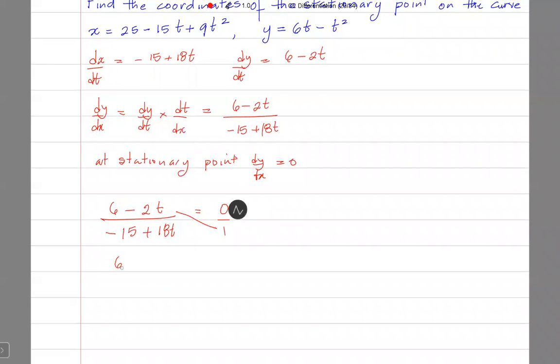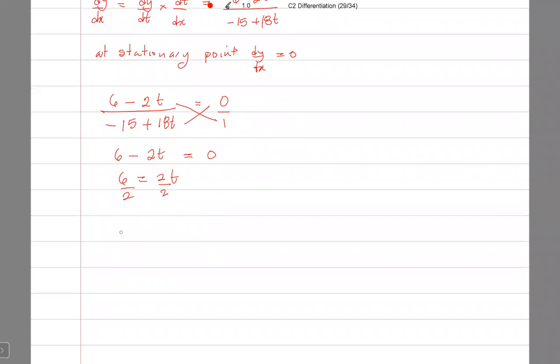I'm going to get 6 minus 2t is equal to 0, because when you multiply anything by 0, you're going to get 0. So therefore, 6 would be equal to 2t. Divide both sides by 2, and we would get t is equal to 3.